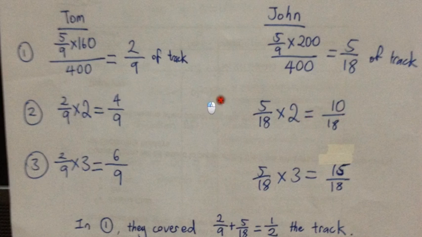So by adding these two, we'll obtain 18 out of 18, which is one full track covered. However, at this point, the total distance covered is 400, which means that they will not be meeting each other yet. They will need to complete another set of half a track in order to meet.